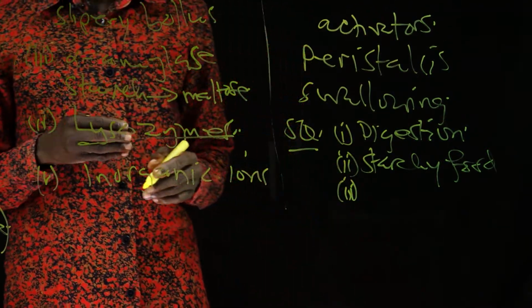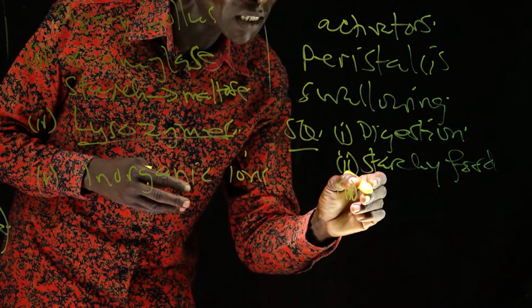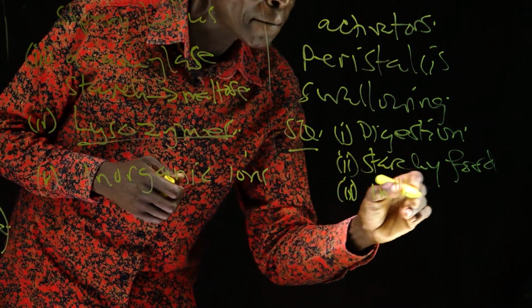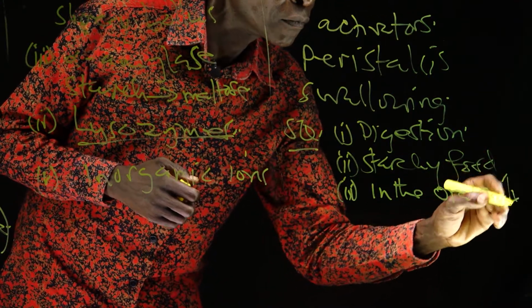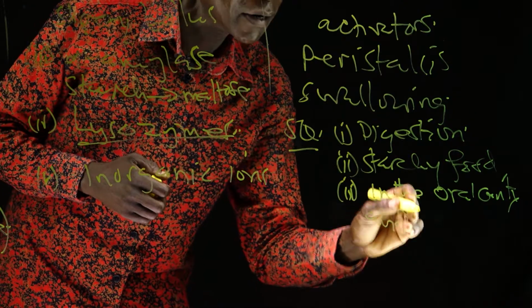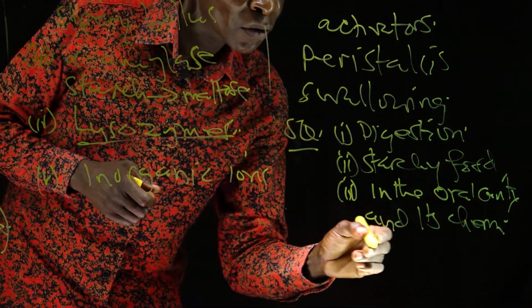Thirdly, describe the components of digestive juice in the oral cavity and its chemical constituents.